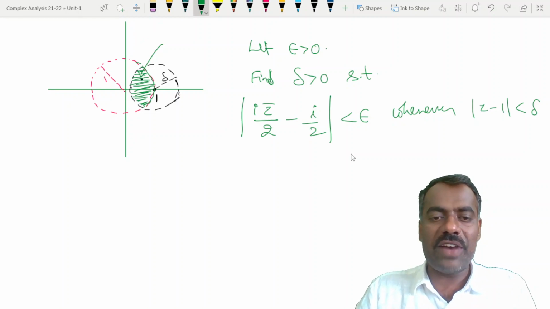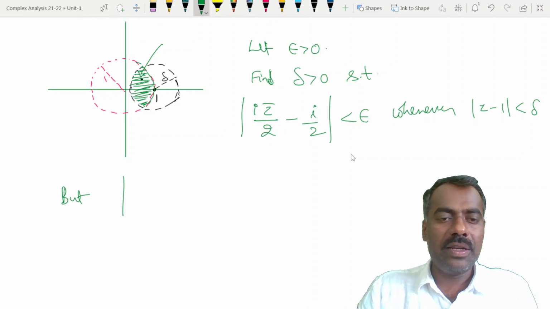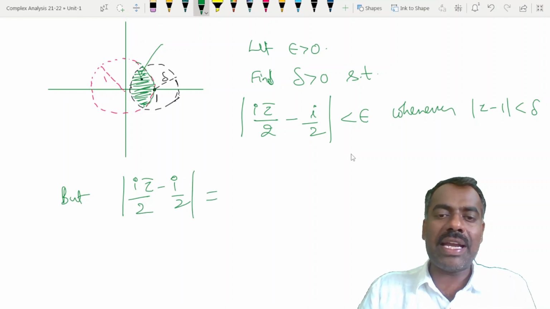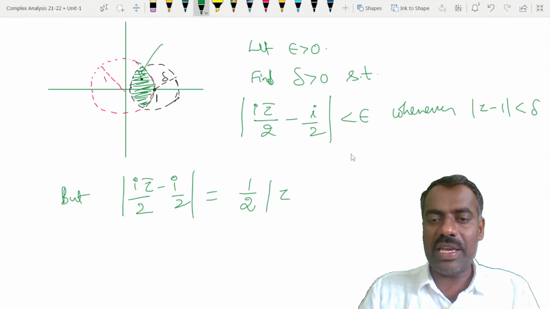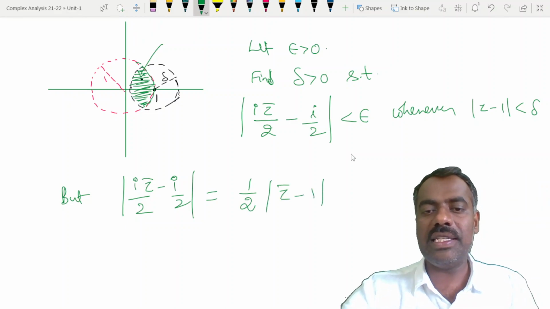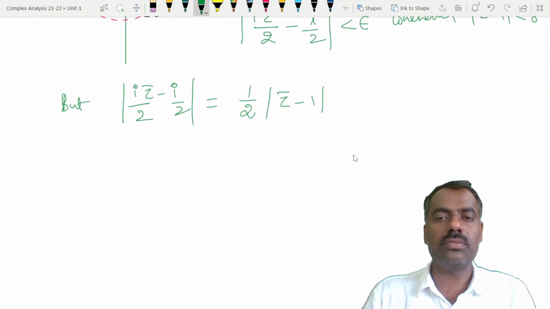How can you simplify? That will be less than epsilon, we will make it i times z bar minus i, all over 2. You can take i common, and the modulus of i is 1, so we have one by 2 times z bar minus 1. Is this clear? I have taken this for the first step.